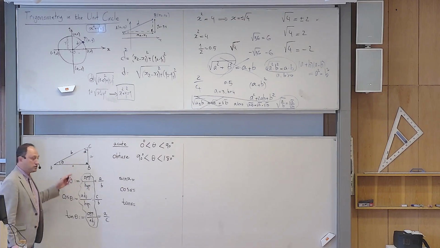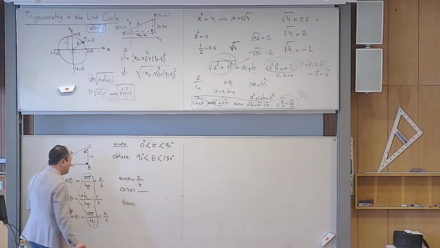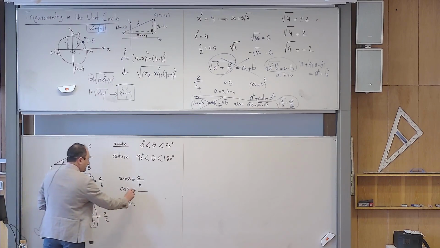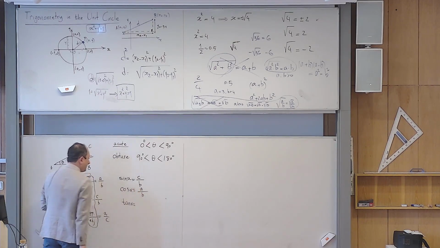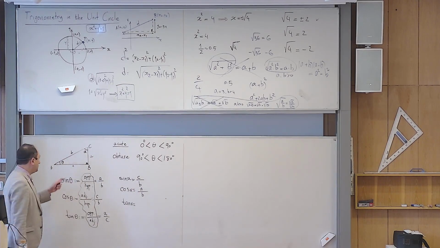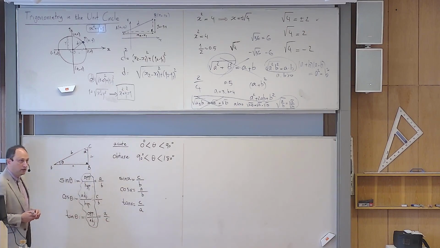C, yes? So it is C over B. And what is cosine here? A over B. If you don't understand, please interrupt me, okay? And then finally, what is tangent alpha? C over A. Okay? So this is more or less what you learned before.